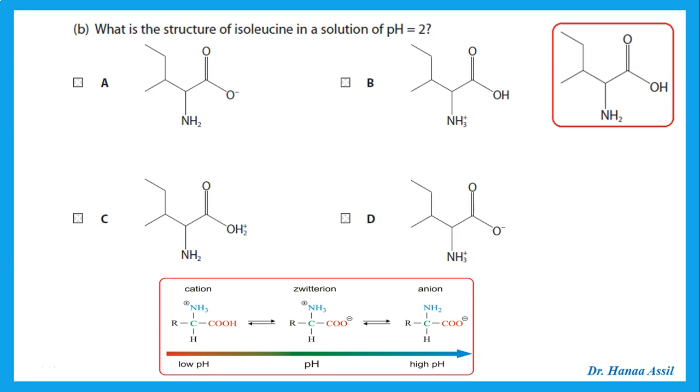This has to do with amino acids because they have an amine group and an acid group. So if we put isoleucine in a solution of pH 2, in low pH, in acid, then the NH3 is in the form of NH3 plus, and the acid is COOH.